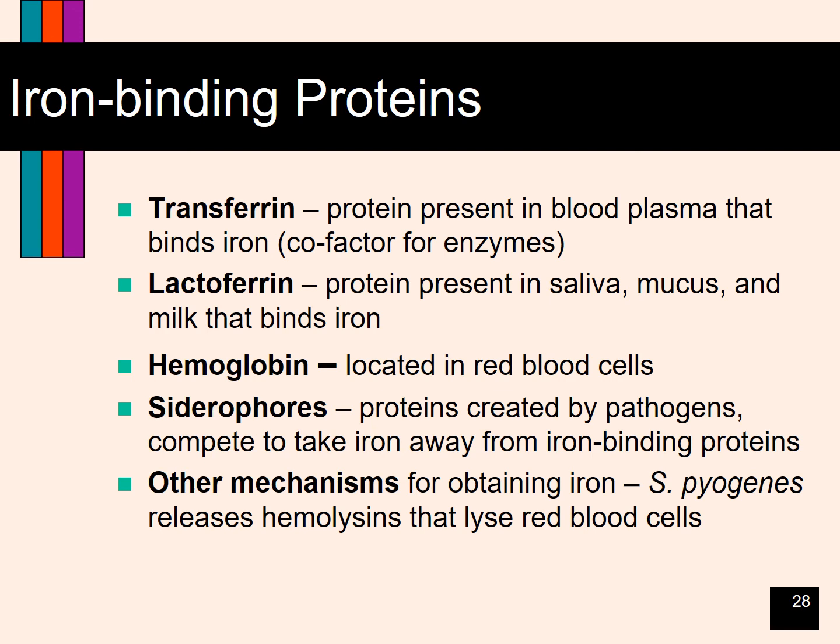That can exist in the oxidized and reduced form. So microbes need iron too, and these proteins actually can take iron away from our iron binding proteins because they have a higher affinity for the iron.